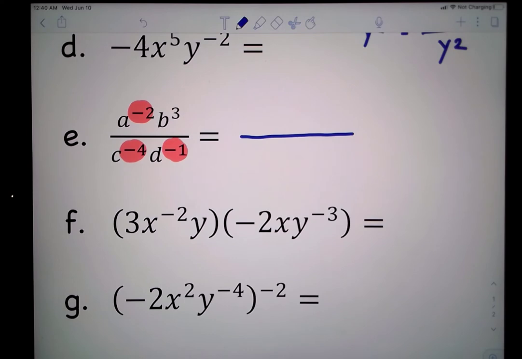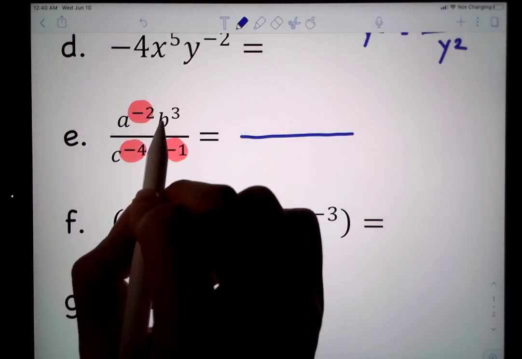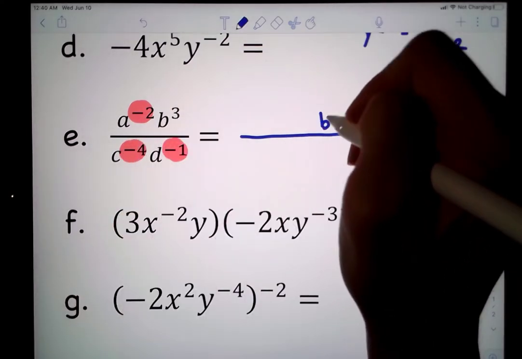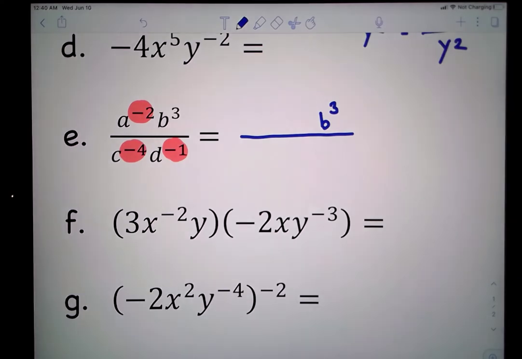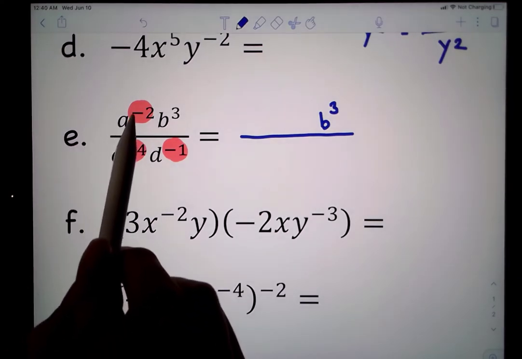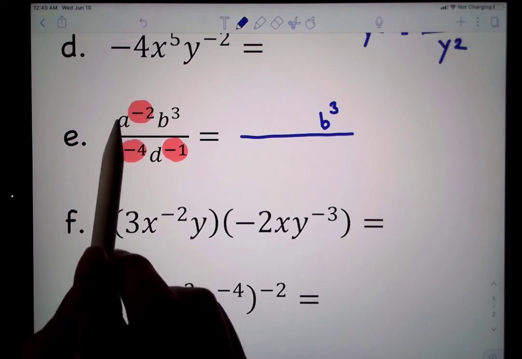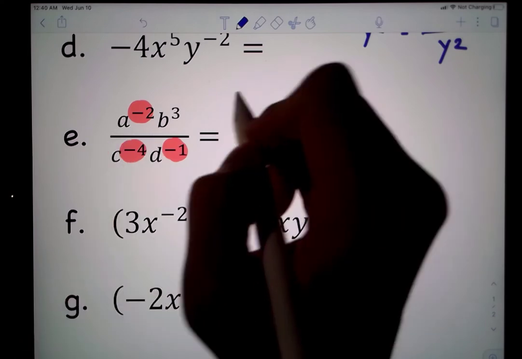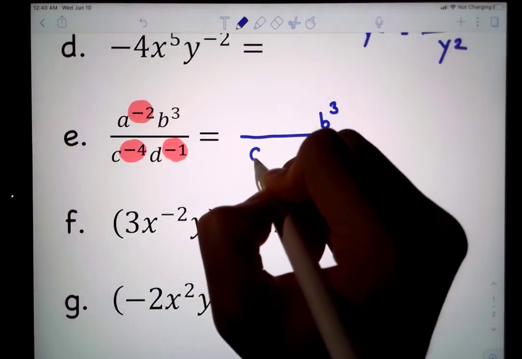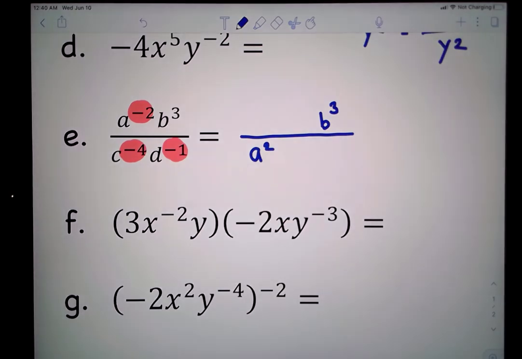I have b cubed. That's not a negative power, so I'm going to put b cubed just there because we can't do anything for that. And look at this, a to the negative 2. So get rid of this negative, then you just get a squared, and we have to put it on the denominator because that was on the numerator. So a squared, like that.